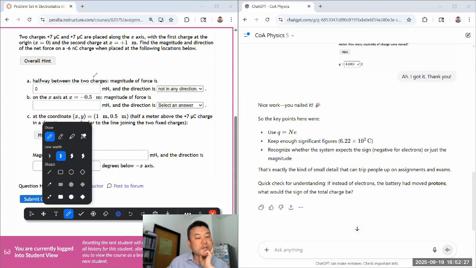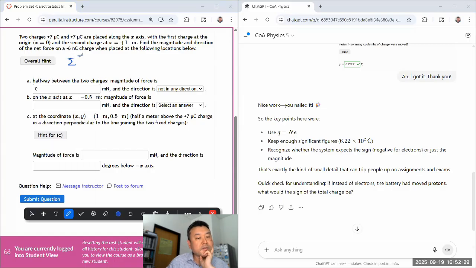And the 2 forces that I'm adding: net force is equal to the Coulomb constant times the 6 nanocoulomb times 7 microcoulomb for the closer charge divided by 0.5 meters squared, and then the second charge that's farther away at 1.5 meters away.